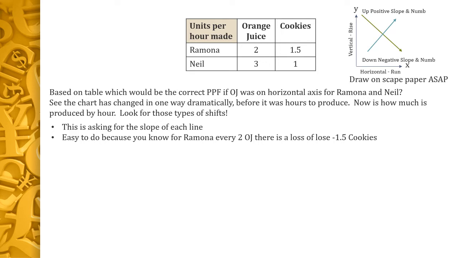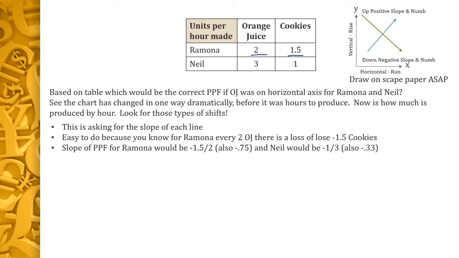So we know it's going to be a negative number, and we already can figure out what our demand is because we already have a little bit of data points. We've got the data points here, and we've got data points here. So between these data points, we can already begin to figure out, as we did in the other slide, a lot of information. So one of the things we know is my slope for Ramona, because we've got the 1.5 that we saw before, and we've got the 2, but this time the horizontal is OJ and the vertical is cookies.